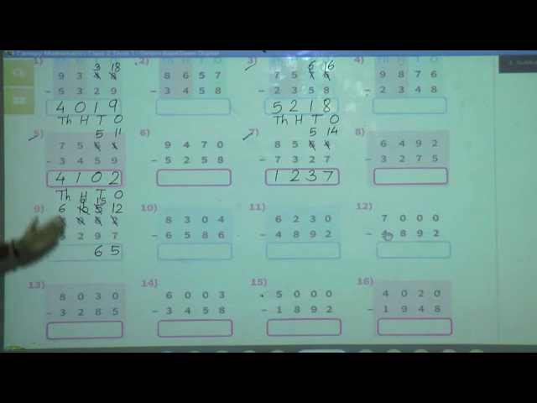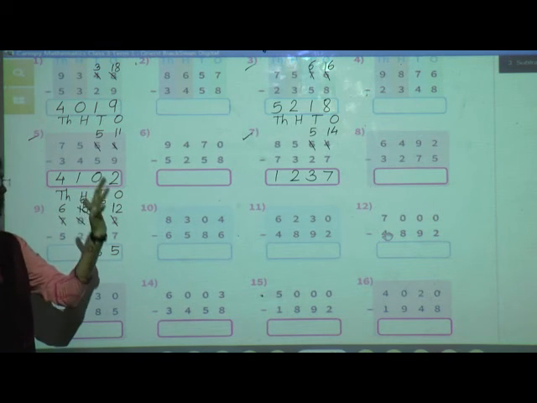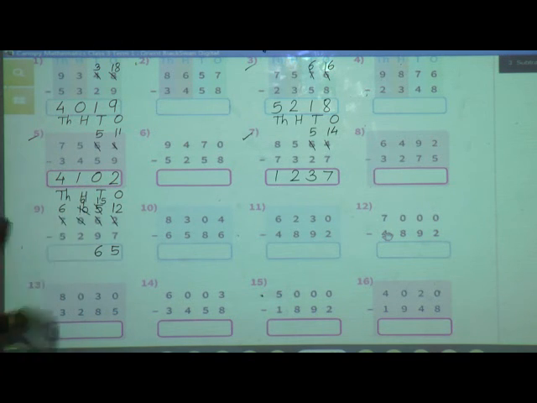Now we will move to the hundreds place. Now here how many hundreds can you see? Yes, here 9 hundreds are there and here 2 hundreds are there. 9 hundreds minus 2 hundreds. Count your fingers after 2 till 9. Yes, 3, 4, 5, 6, 7, 8, 9. So 9 minus 2, 7. So we will write 7 at hundreds place.